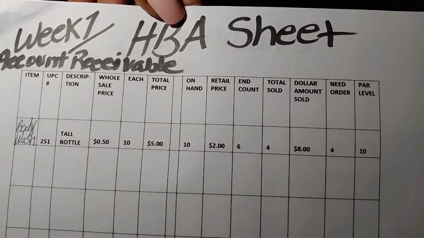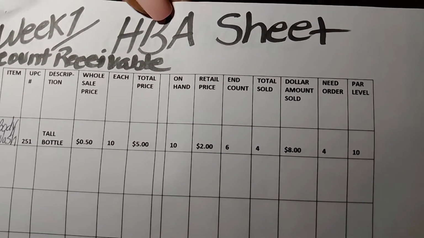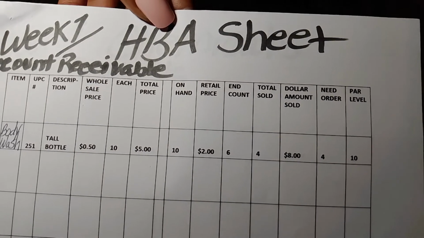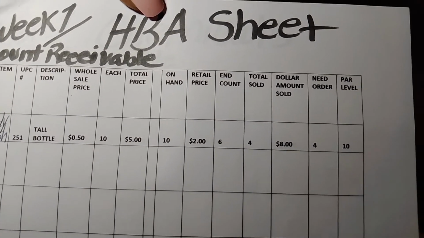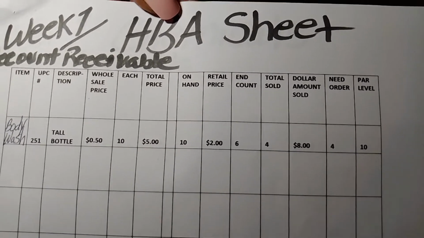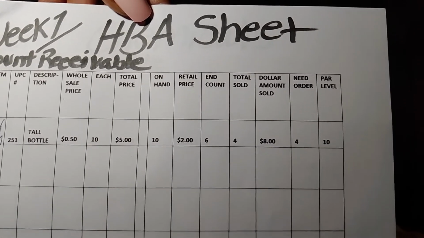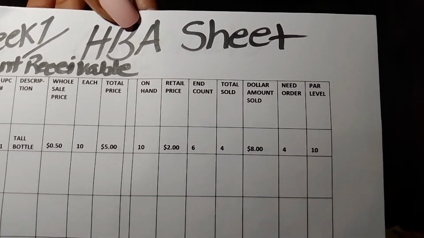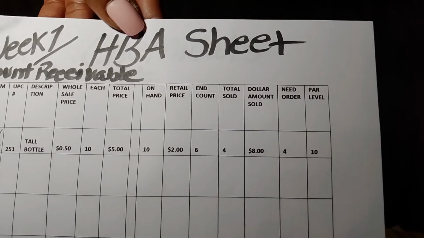And then the wholesale price is 50 cents. And each is 10, because you ordered 10, remember? And the total price is $5. That's because each bottle of body wash costs 50 cents. You bought 10 of them, so it's $5. That's how much you spent for it, okay?